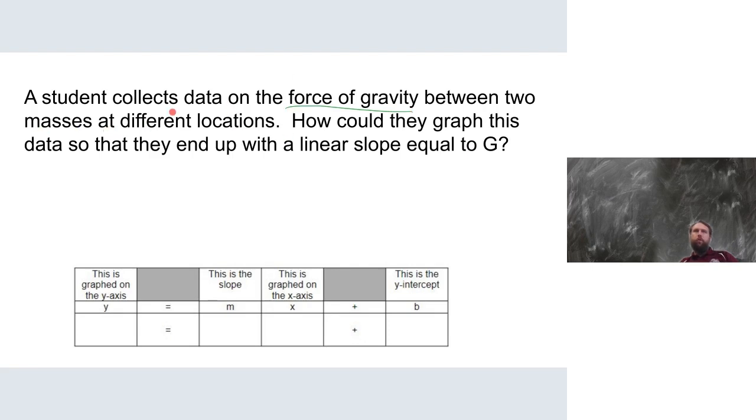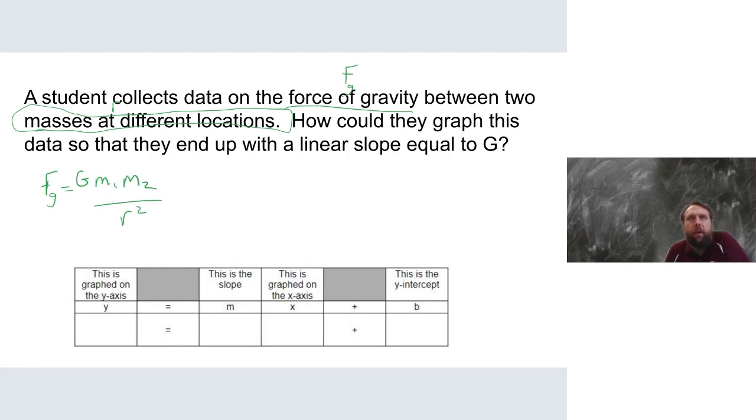The distance between center masses is typically given the symbol r, and the force of gravity is F sub g. If you haven't had it yet, you'll learn soon. The force of gravity equation is big G m1 m2 over r squared. That is the equation we're going to use.